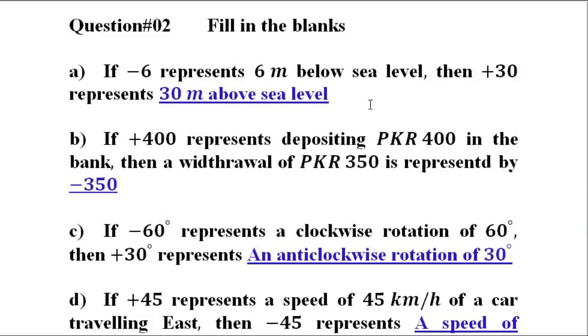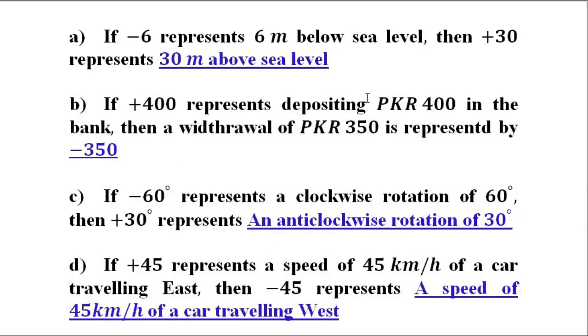If negative 6 represents 6 meters below sea level, then positive 6 will represent 6 meters above sea level. Just as negative 30 represents 30 meters below sea level and positive 30 will represent 30 meters above sea level. Therefore, the answer is 30 meters above sea level.